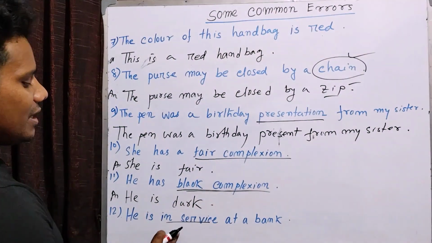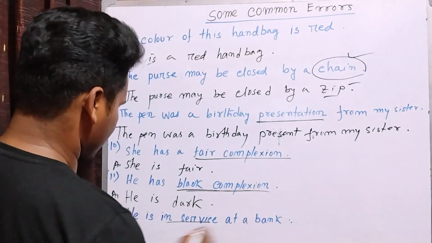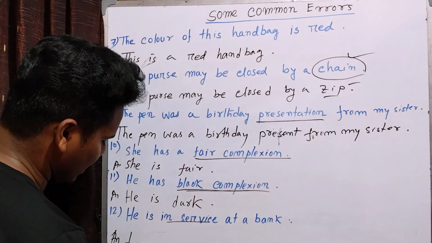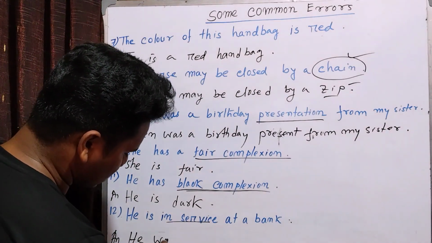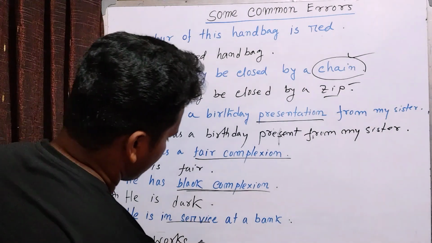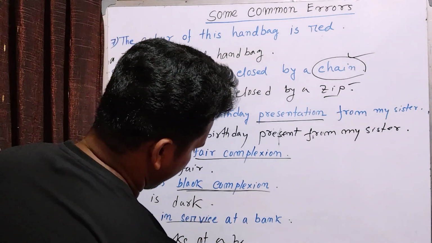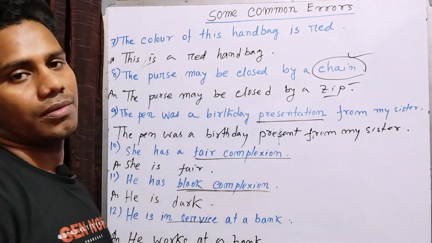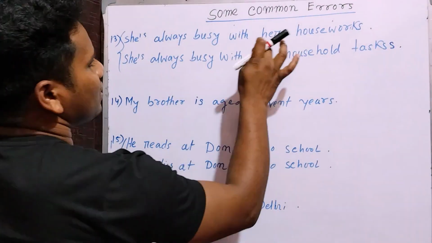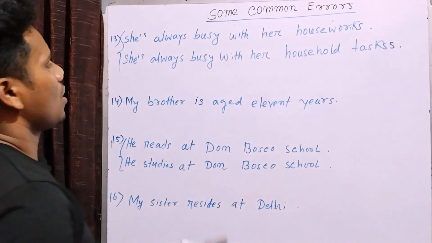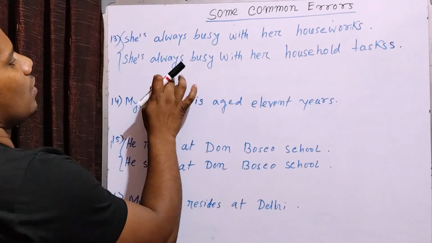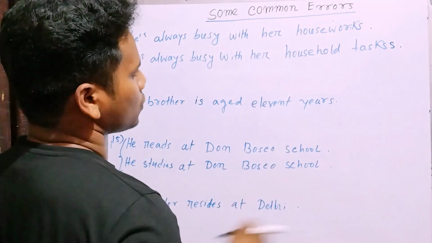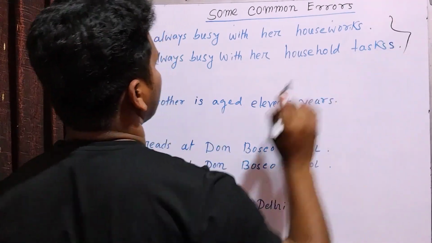Next: he is in service at a bank. So right answer will be: he works at a bank. She is always busy with her houseworks, or she is always busy with her household tasks. Both are wrong.